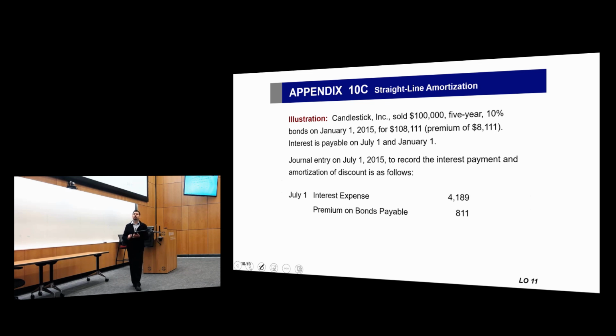So we debit premium on bonds payable, the amortization amount, and we credit cash 5,000. Cash will be credited 5,000, regardless of whether we are amortizing a discount or a premium. This is the amount of cash paid. It depends on the face value and the contractual interest rate. It has nothing to do with the premium or discount.